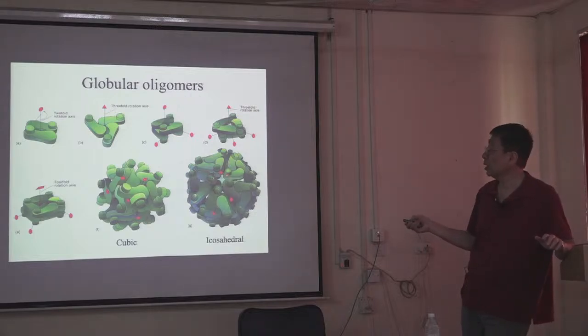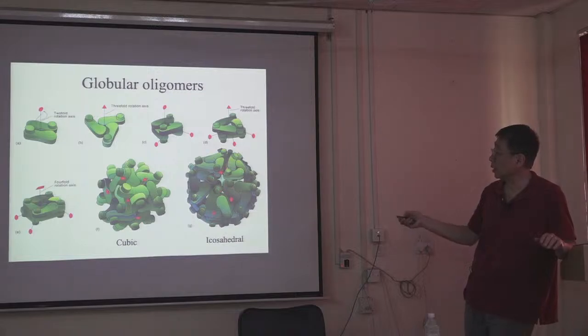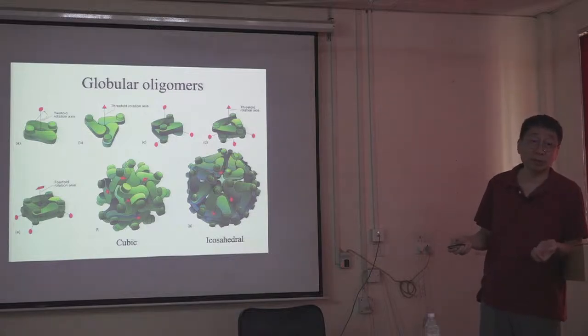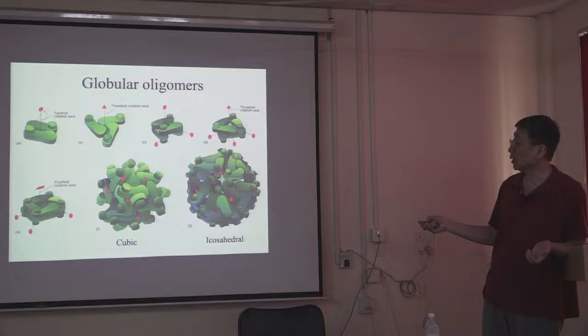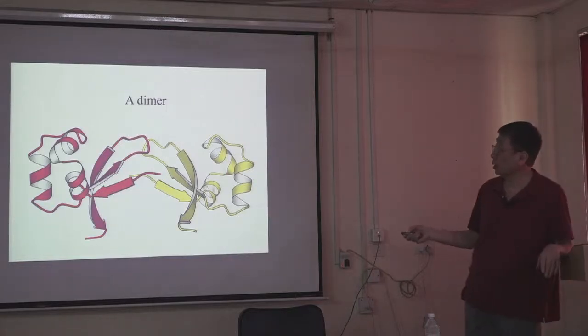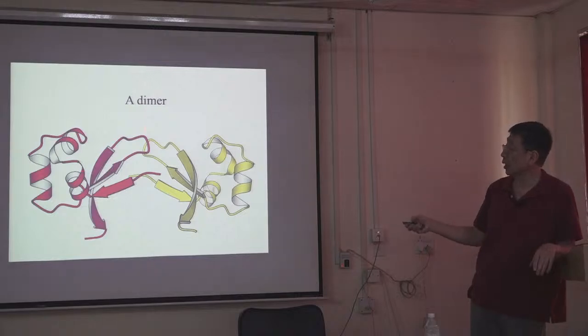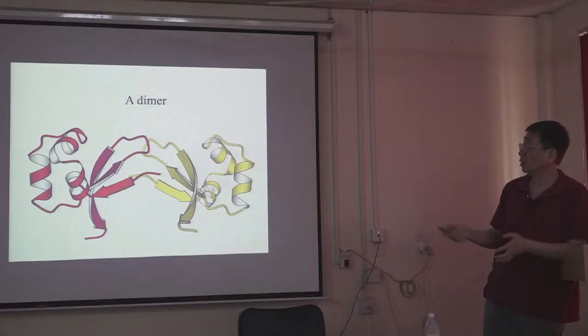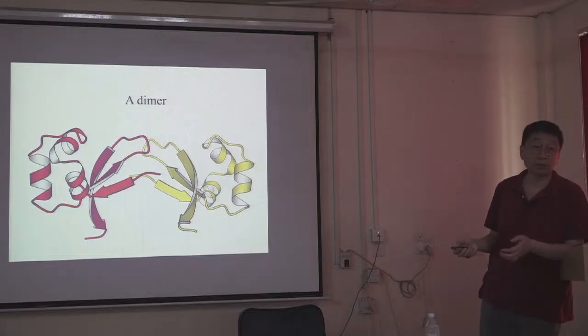Most viral capsids have icosahedral symmetry, so basically 60 copies of a single protein come together, forming something that looks like a soccer ball. Actually, in reality, it's more complicated than that. I'll just show you soon. So here is an example of a dimer. One molecule in red, one molecule in yellow. You can turn it 180 degrees, and the two molecules are identical.